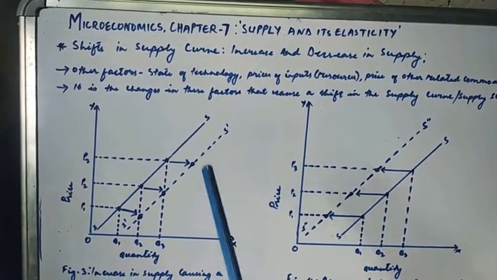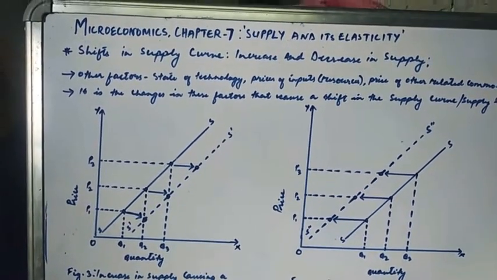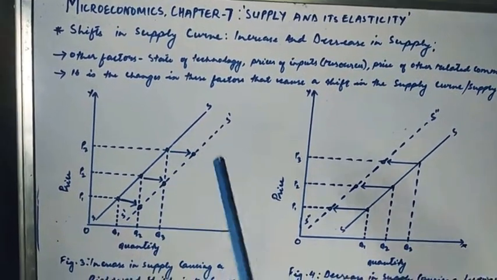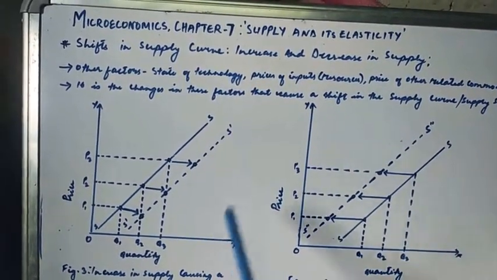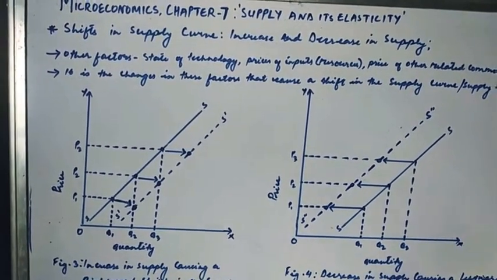So mark that line, other factors remaining constant. Other factors determining supply are assumed to be kept constant when we talk about the law of supply.